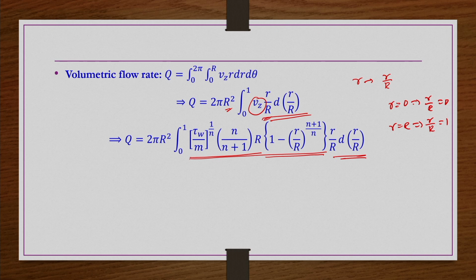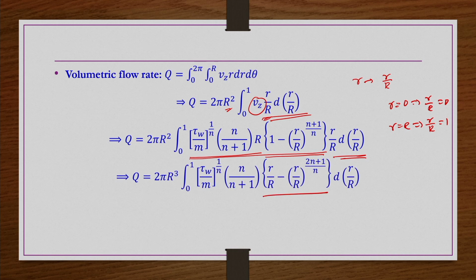Now we multiply this r by R, or bring this r by R inside the parenthesis, and then we do the integration. Because all these other things are constant, we can take them outside the integration.